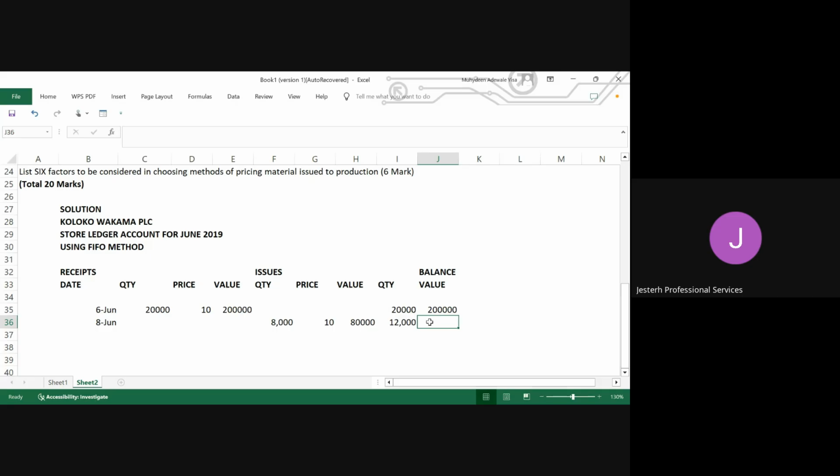What we are going to do is multiply the 12,000 units quantity of these products by the price they purchased it. It means as at the 8th that they issue out 8,000, what is remaining in the store is 12,000 quantity of this product at the value of 120,000.